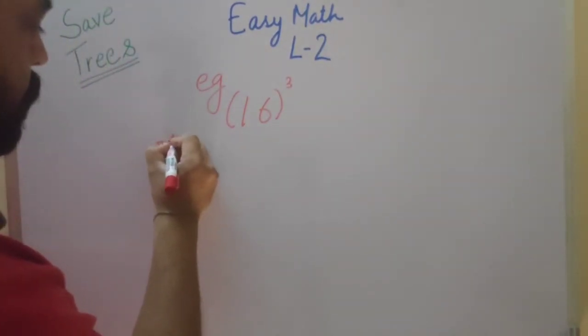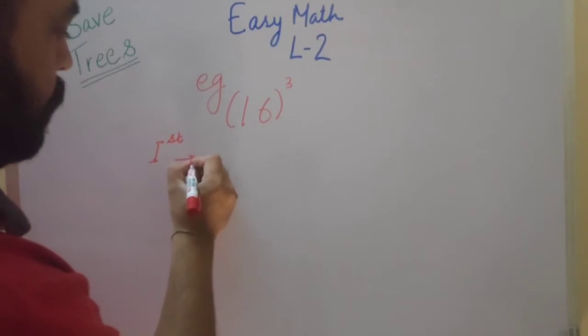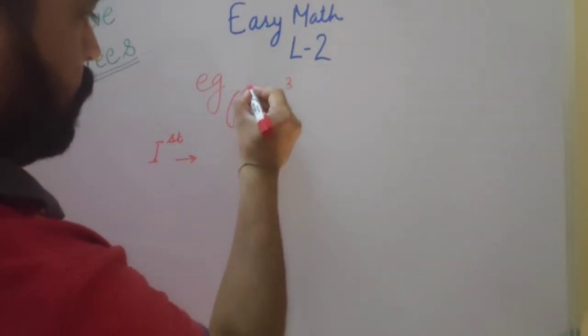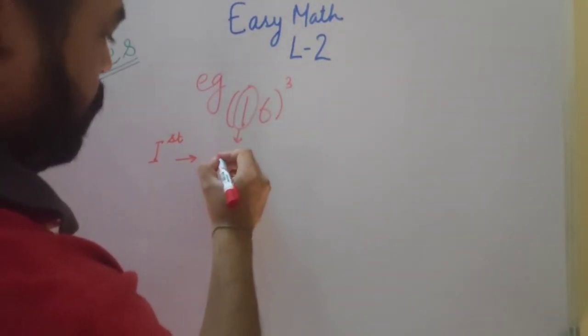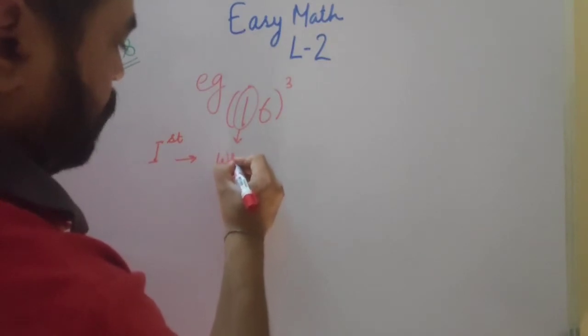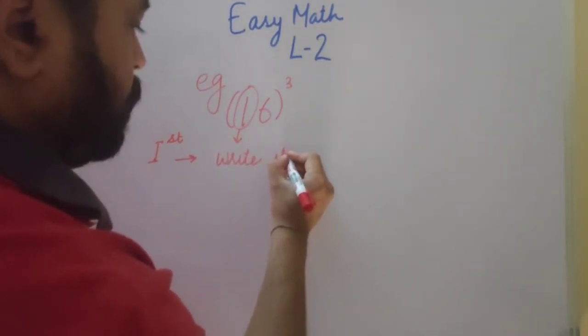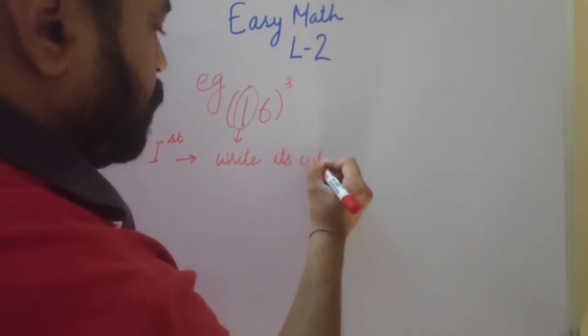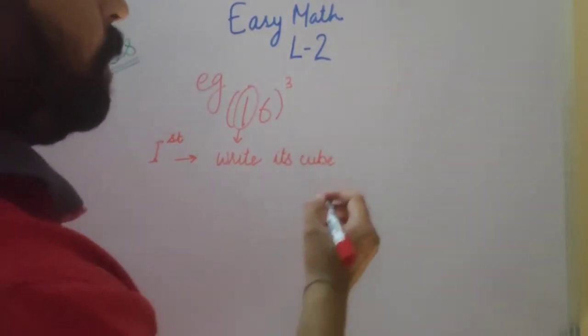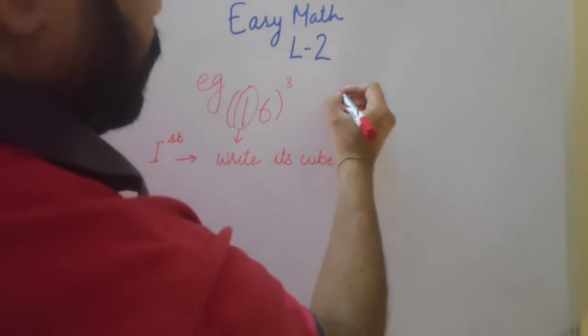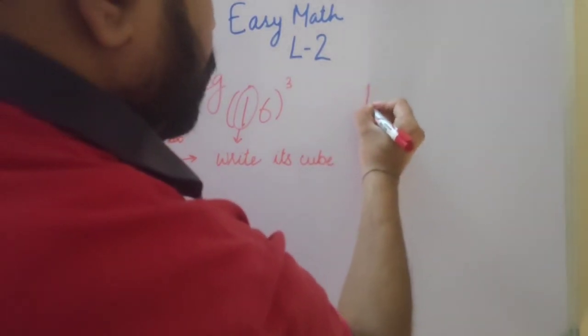Now the first step is to write the cube of the digit at the tens place. It is 1, so the cube of 1 is 1.